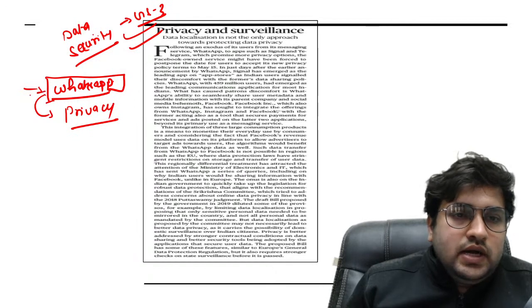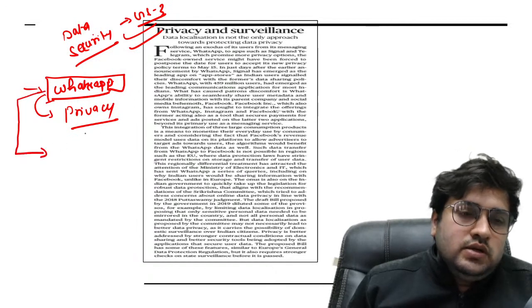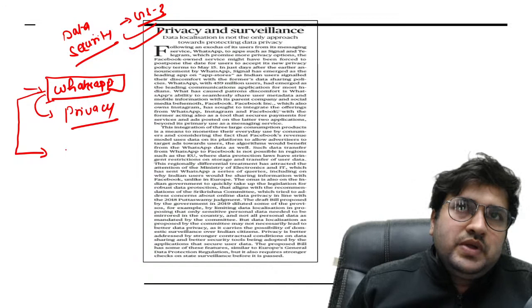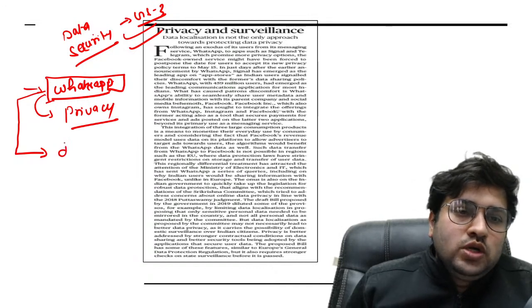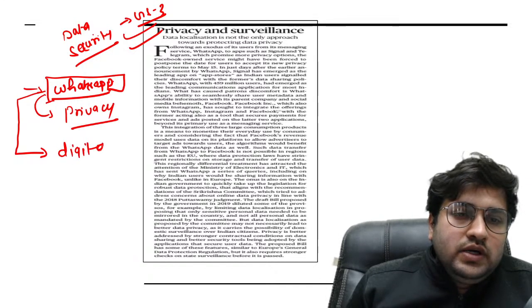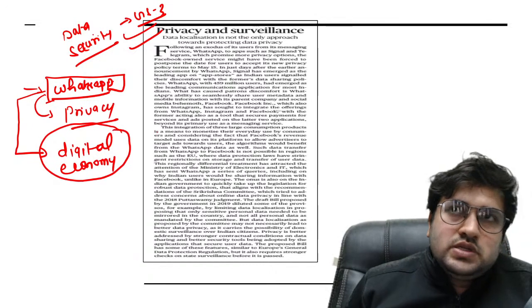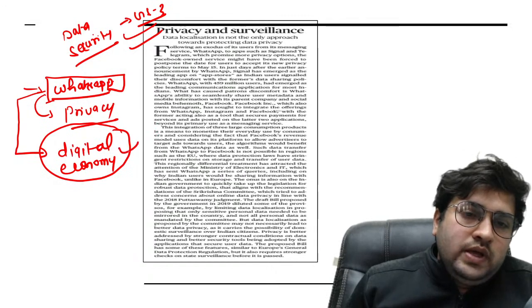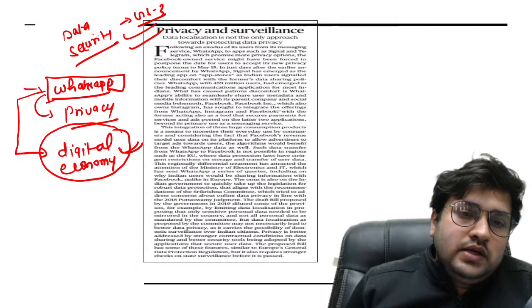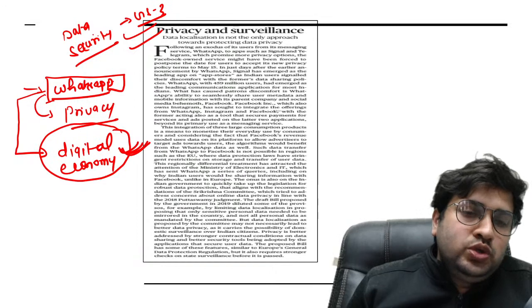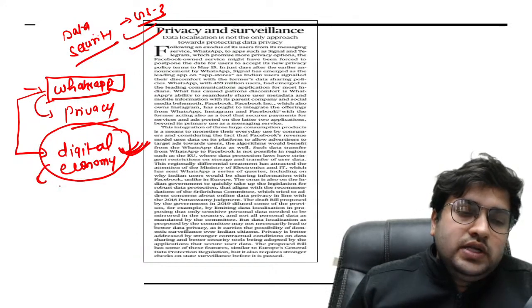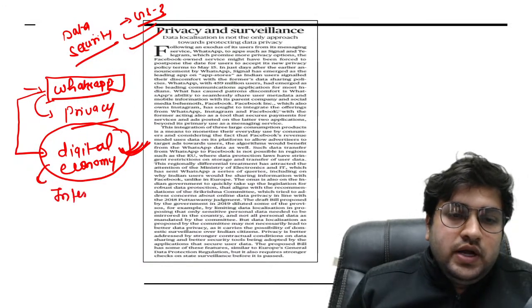To understand that, we need to see, in today's scenario, the growing aspect of the digital economy. It is stated that in this 21st century, the digital economy will prevail, because of the increase in use of digital technology and internet penetration, many startups are emerging.